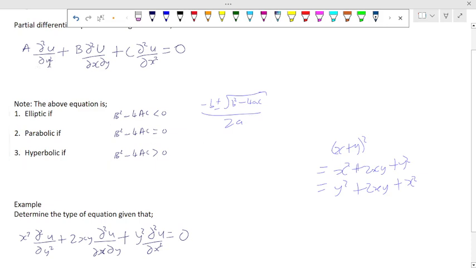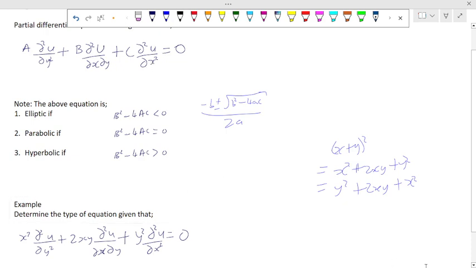So a is x squared, b is 2xy, and c is y squared. Note the denominators and how they match.